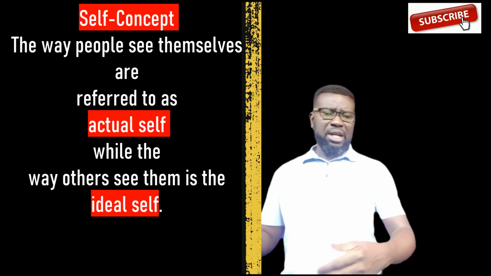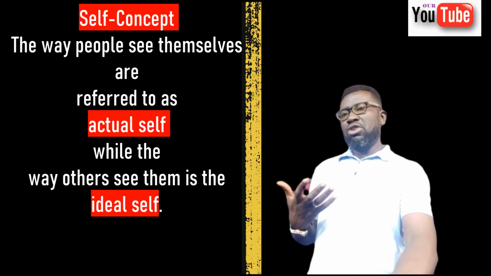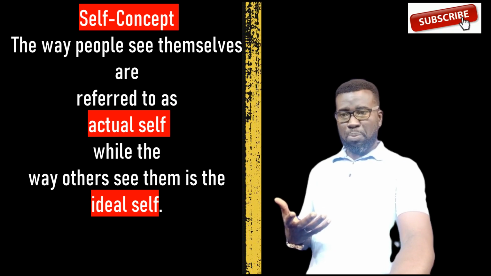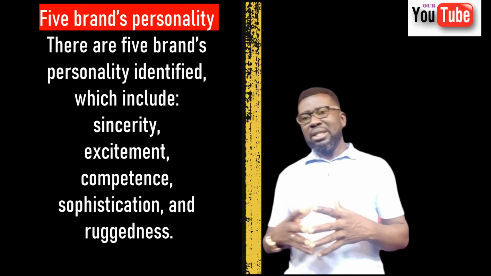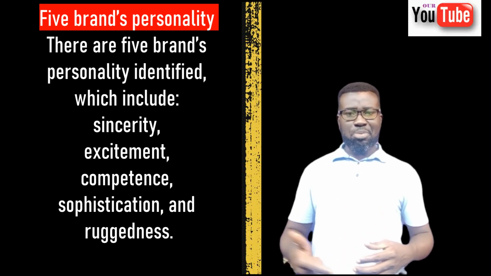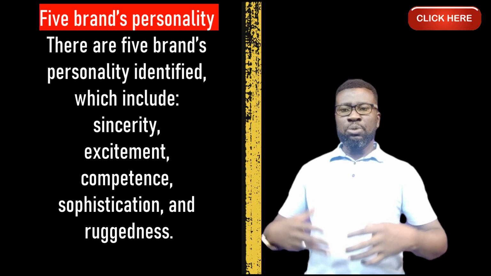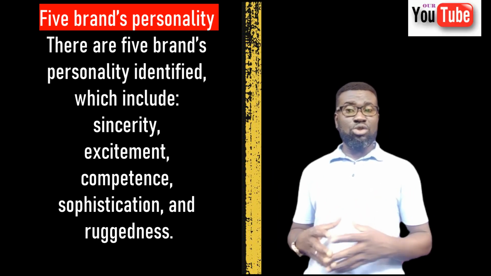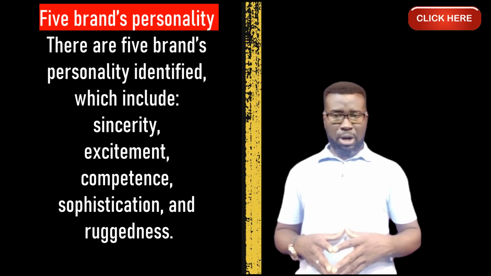So if they relate your brand to themselves and their individual perception or personality, they tend to buy such a product. There are five brand personalities identified, which include sincerity, excitement, competence, sophistication, ruggedness. The knowledge of a brand's personality helps marketers to connect their brand to a consumer.